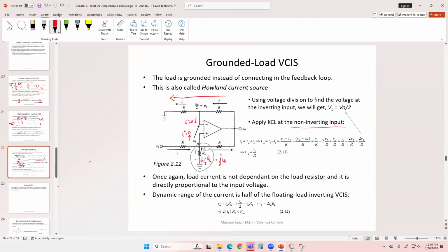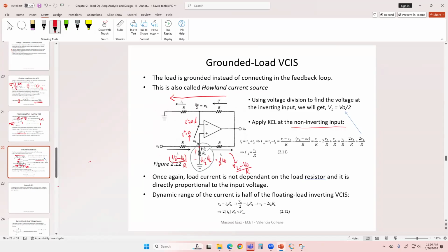V input minus V load over R. IL is simply VL over RL. And I2 is equal to VL minus V out over R. These are the three currents.